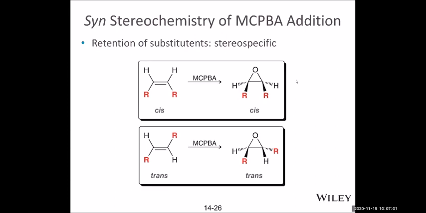Because the oxygen adds on one side of the double bond, you can see the retention of the substituent. Whichever substituents are on the same side of the double bond, they will stay on the same side. And of course, we added the RS stereochemistry on the center.